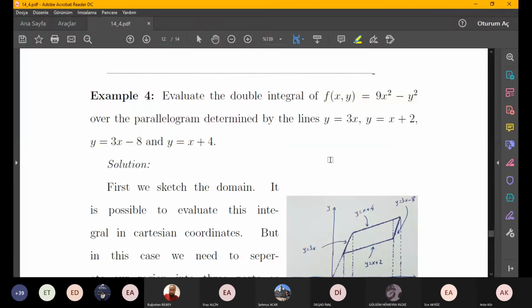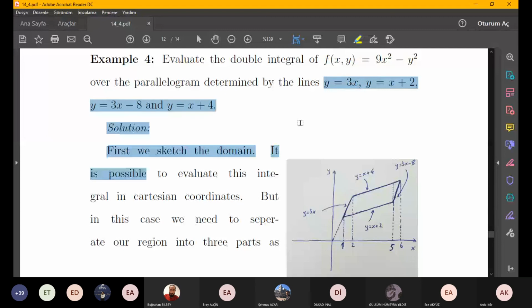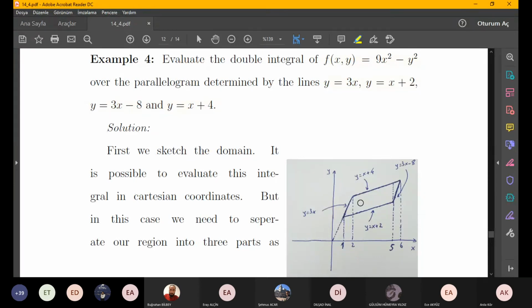Evaluate the double integral of f(x,y), which is 9x squared minus y squared, over the parallelogram determined by the lines y equals 3x, y equals x plus 2, y equals 3x minus 8, and y equals x plus 4. So this is the area, let's say D. This is the parallelogram.